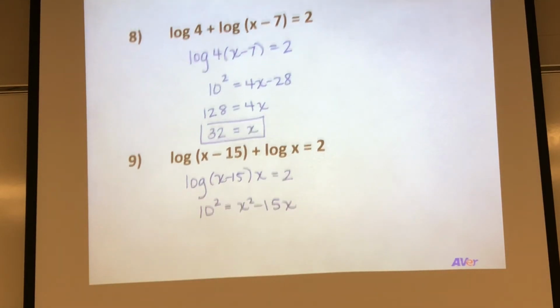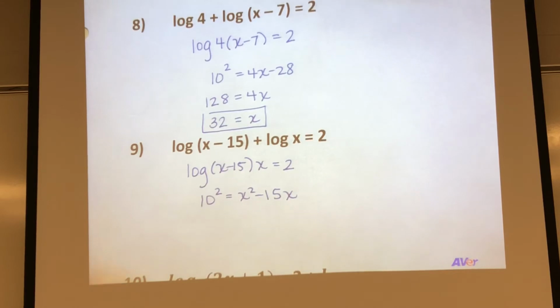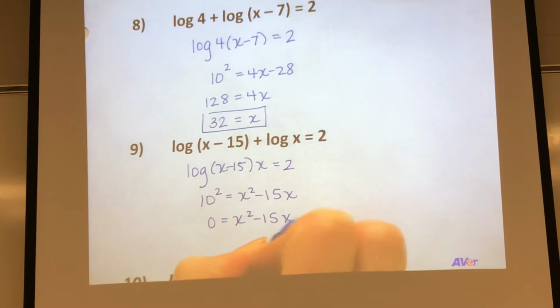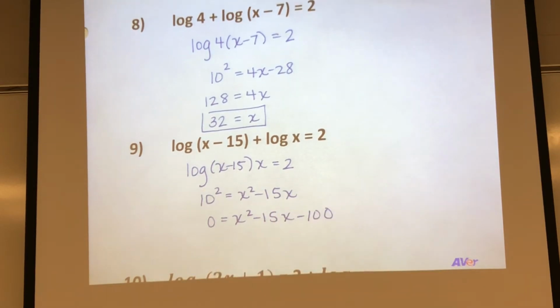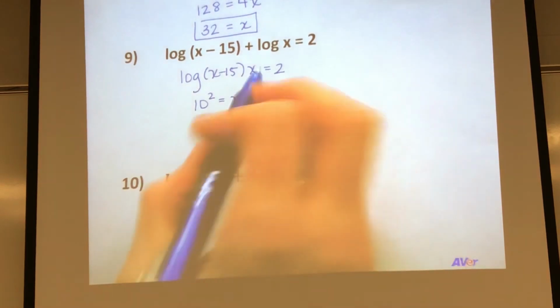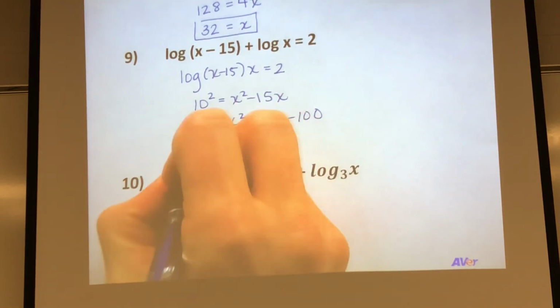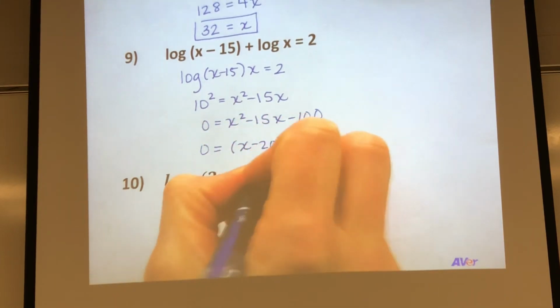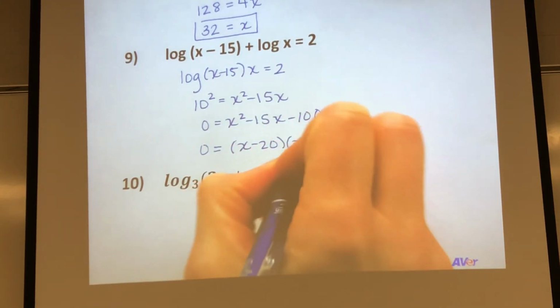And we see we have a quadratic, and when we have quadratics, you have to get everything to one side, so we're going to subtract that 100 over to the other side. And then we have to factor, so find something that multiplies to get -100 and adds to get -15. So we factor and get (x - 20)(x + 5).